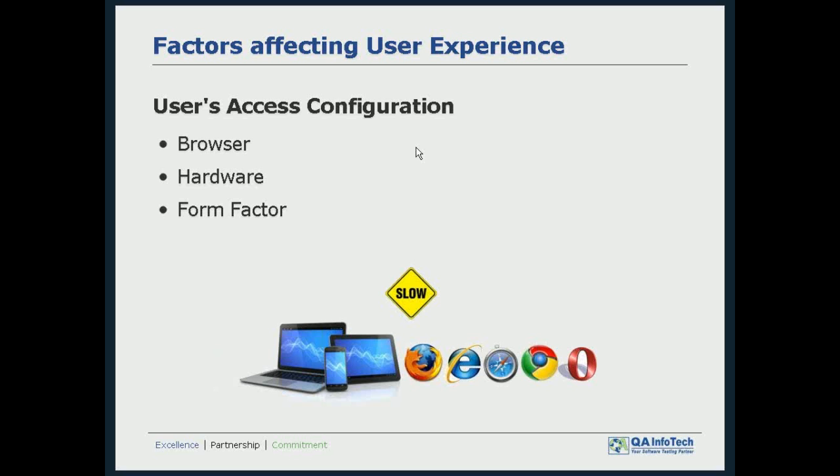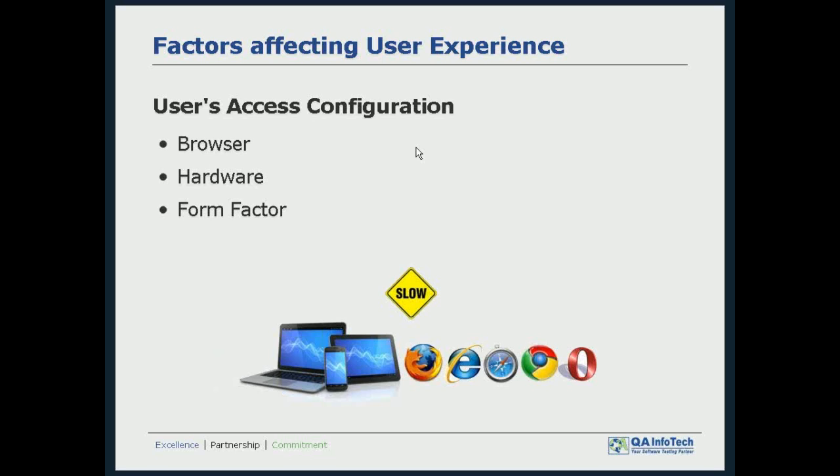Users' access configuration. The configuration that the user is using to access the application is also one of the very important reasons for slowness in the application user experience. A user coming in from a desktop machine running Google Chrome would get better user experience performance compared to a user coming in from a mobile device because of the availability of execution resources for the browser.